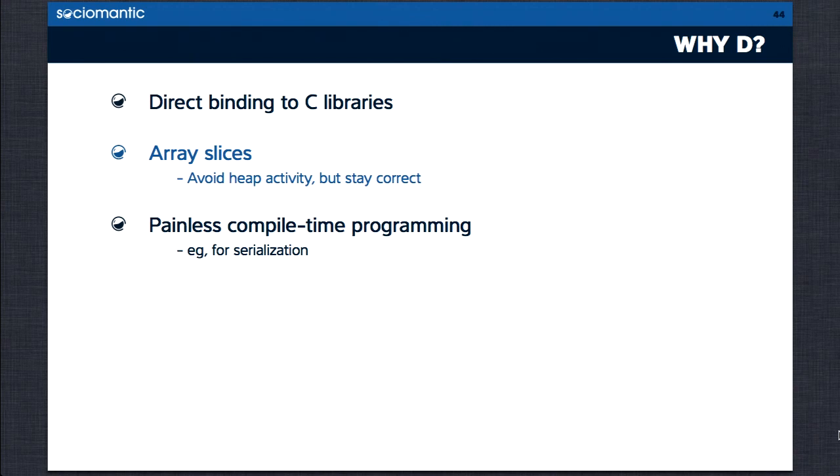Array slices were in the first compiler release. And in my opinion, array slices are the big idea of D. That idea has shaped the language in so many ways. And D's metaprogramming, it's so obviously central to the language that it must have been part of the original design goal.